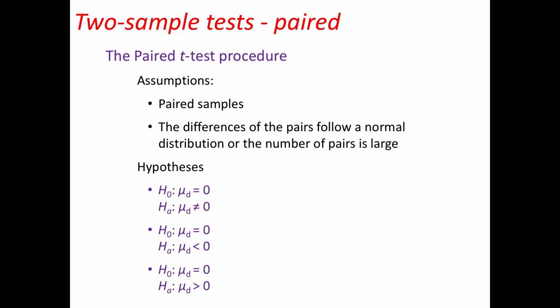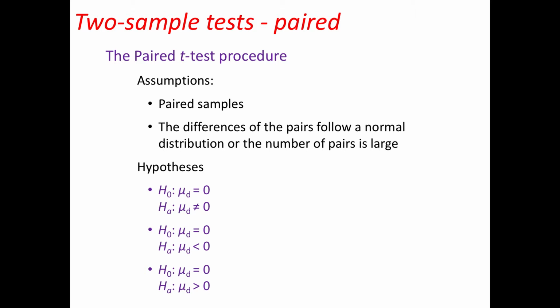So not the samples themselves, but the difference between the paired samples follows a normal distribution, and/or the number of pairs is large, in this case greater than 30. If it's less than 30, we need to check whether the differences are normal, and we'll see how to do that in a minute. But we do not need to check for the normality of each population. It's just the normality of the difference between the paired samples.